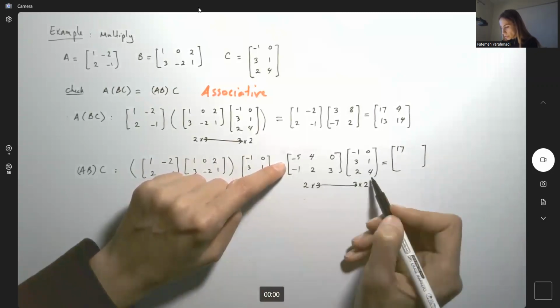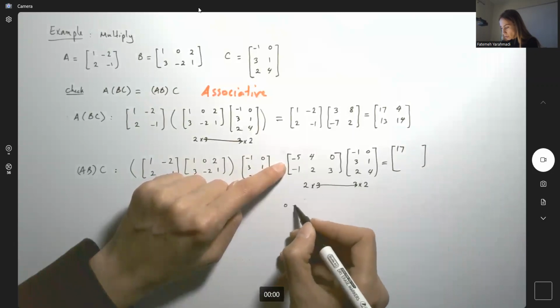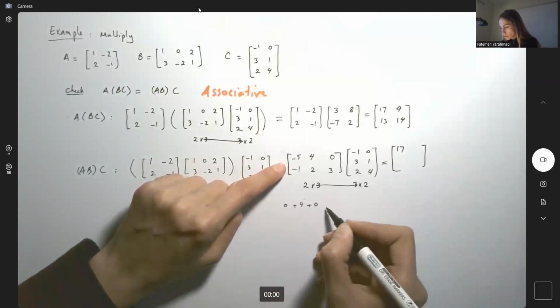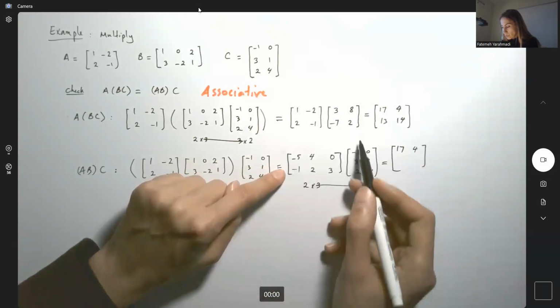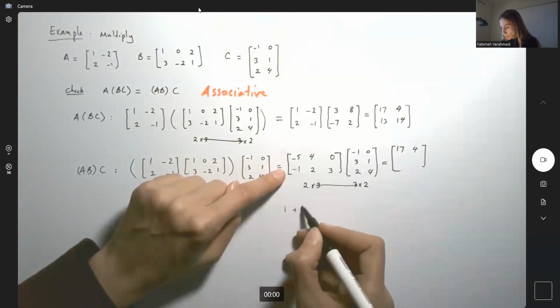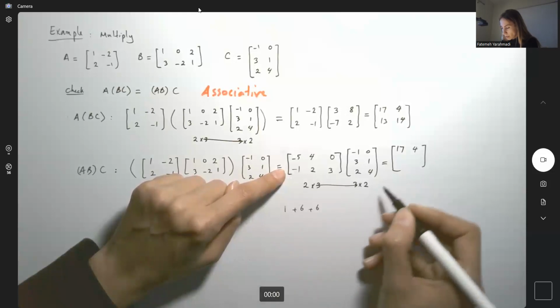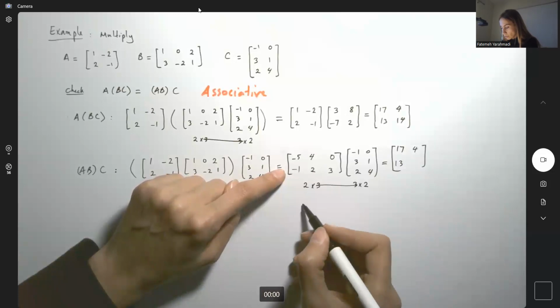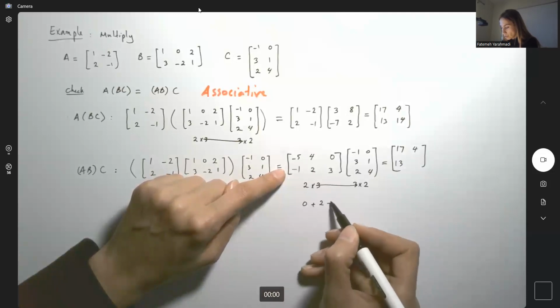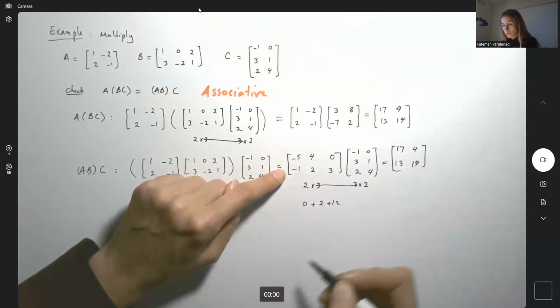The first row by the last column, we get 0 plus 4 plus 0, which is just 4, as we see. Then the second row by the first column, we get 1 plus 6 plus 6, which is 13. So far, so good. And then negative 1 times 0 is 0, plus 2 plus 12, which is 14.